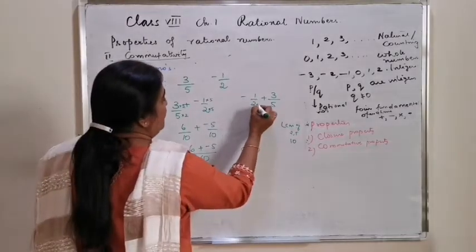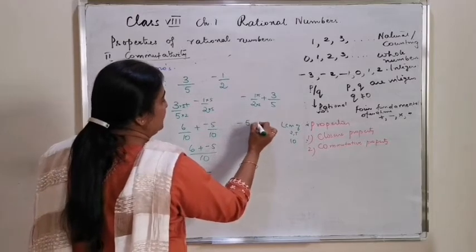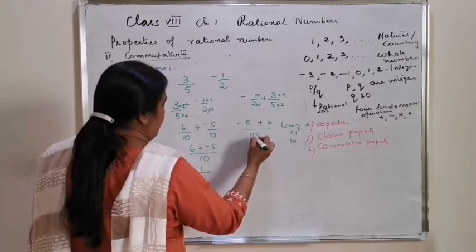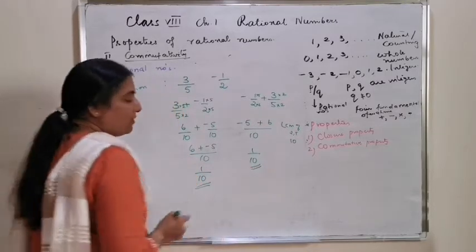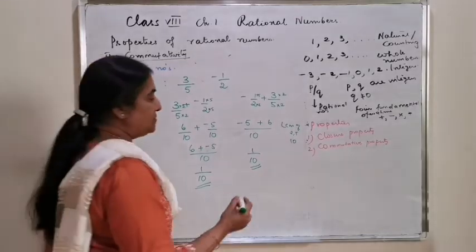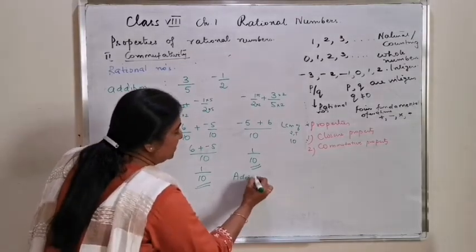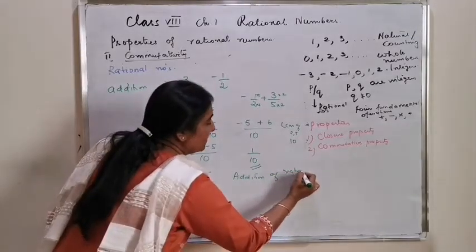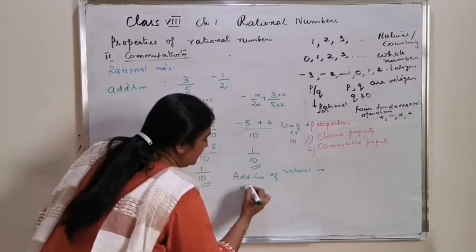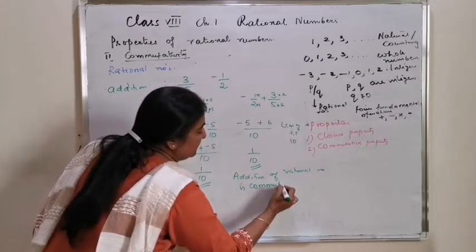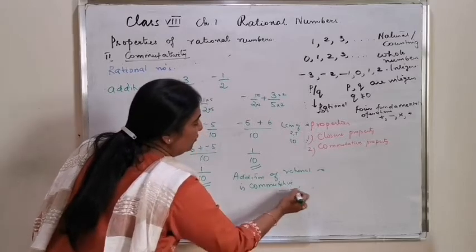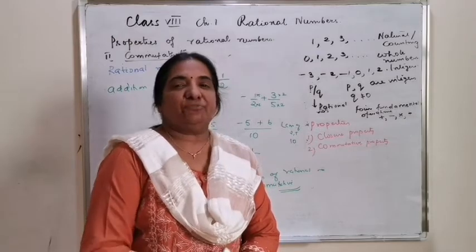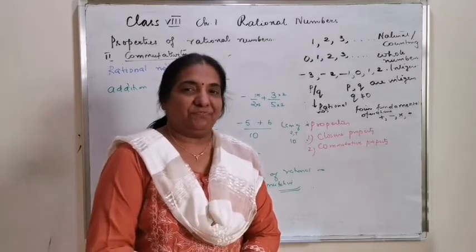Similarly, -1 into 5 is -5, 3 into 2 is 6 by 10, the same answer of 1 by 10. So what you can justify is that addition of rational numbers is commutative, or rational numbers satisfy the commutative property under addition.